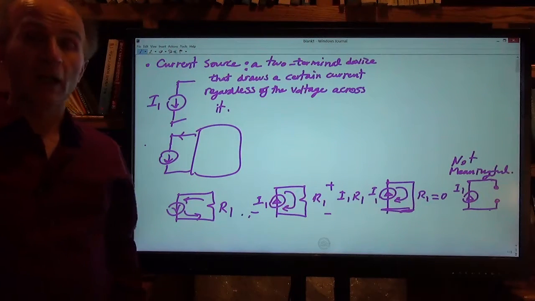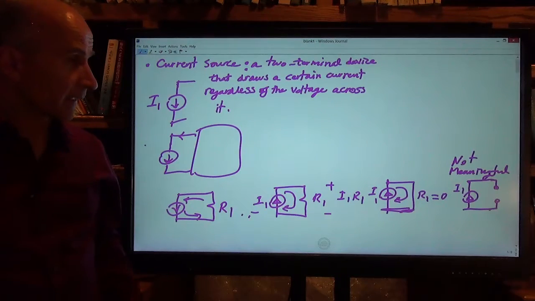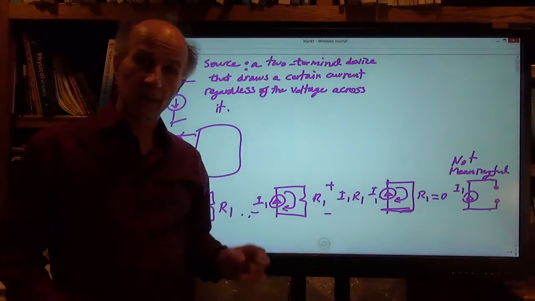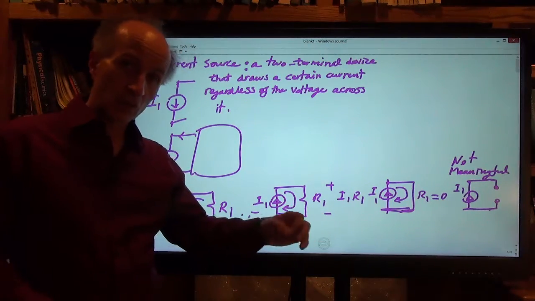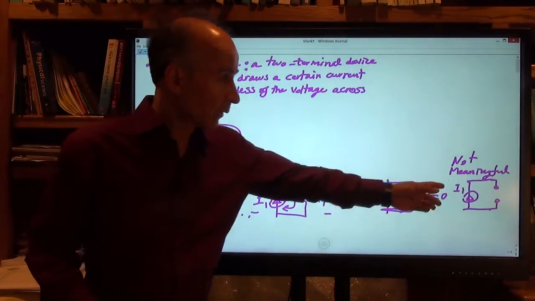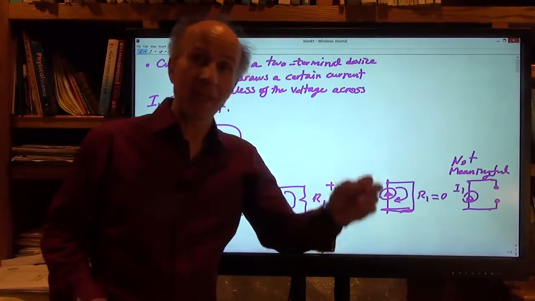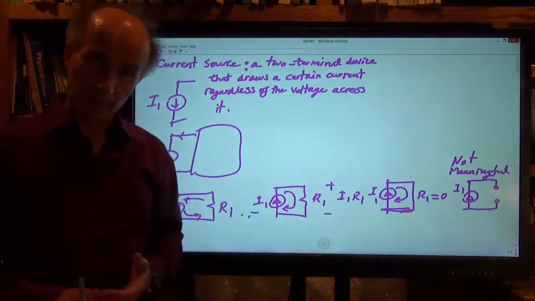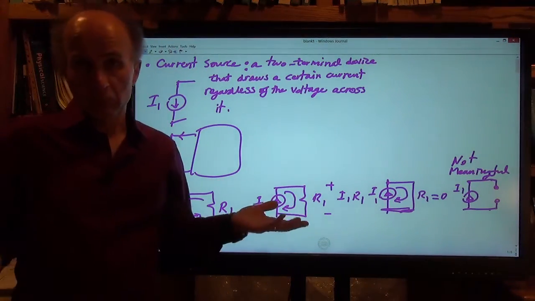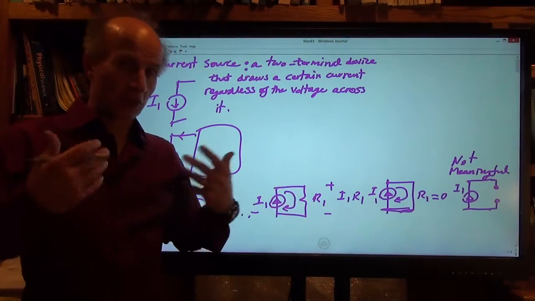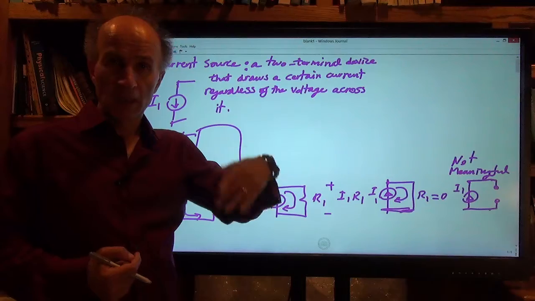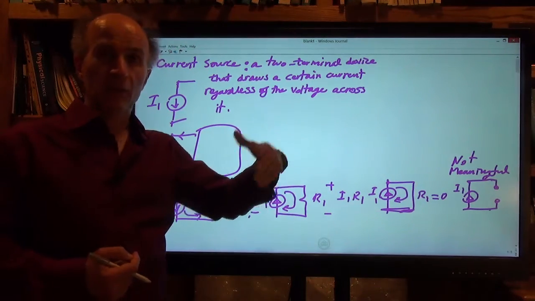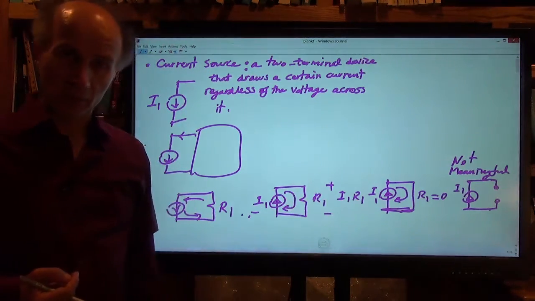Okay? Now, alternatively, we can think of it this way. You can say an open circuit is equivalent to resistance of infinity. So if we construct this, we have a voltage difference of infinity between these two points, right? But it doesn't matter really. For engineering purposes, we won't go there. We won't need that. So that's just a philosophical argument that we don't necessarily pursue.